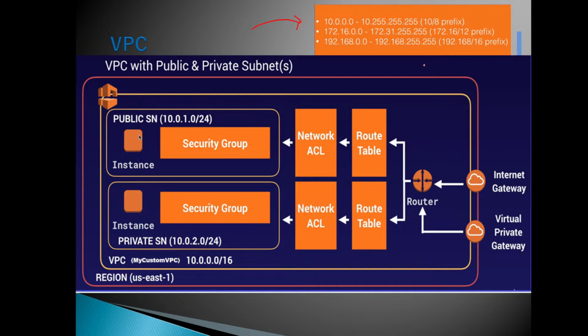After that, Amazon provides these three IP ranges: 10.0.0.0 to 10.255.255.255, private IPs; 172.16.0.0 to 172.31.255.255; and the third IP range is 192.168.0.0 to 192.168.255.255. These are the IP ranges provided by Amazon to create your private network.